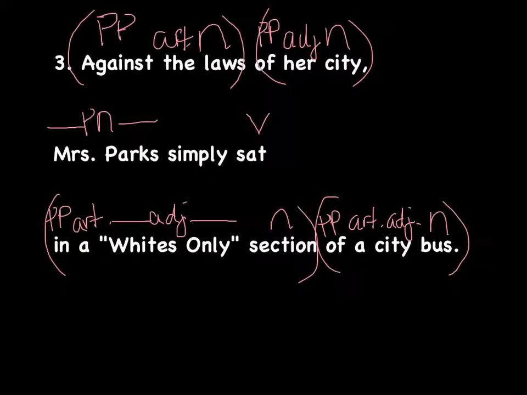I'm going to do that by asking who or what sat. Here I can look and I can say that Mrs. Parks sat. Because I have a subject for that verb, I know it is an action verb. I've also identified the subject, Mrs. Parks, and the verb sat, which will be the first two things that go on my diagram.